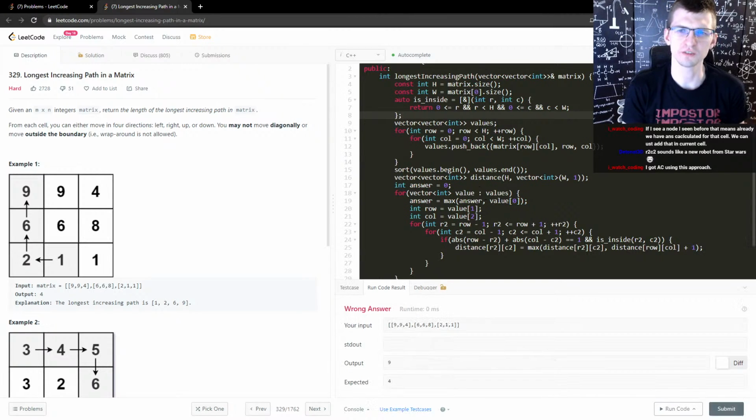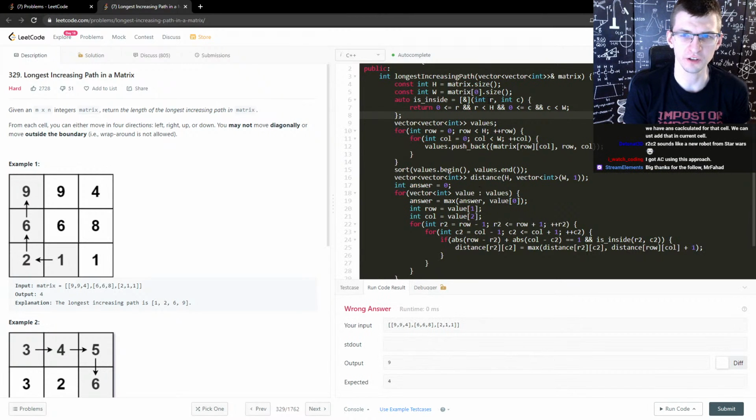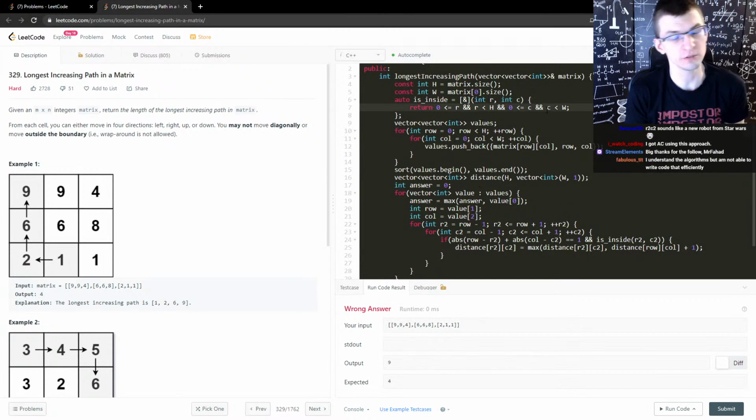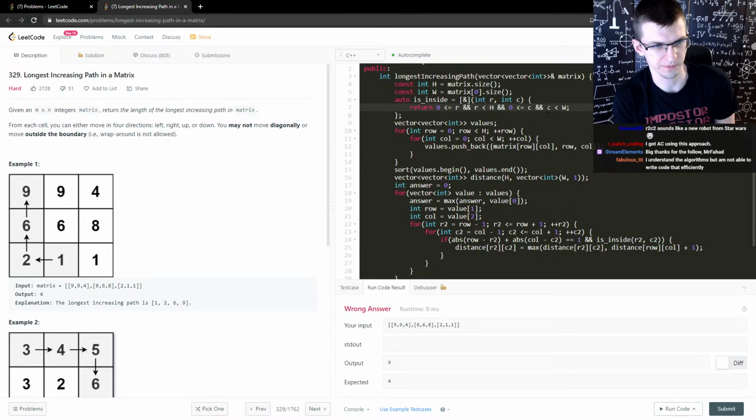By the way, do yourself a favor and don't use variable names like i and j for row and column. Make it meaningful. If x and y are obvious to you, then go with x and y.